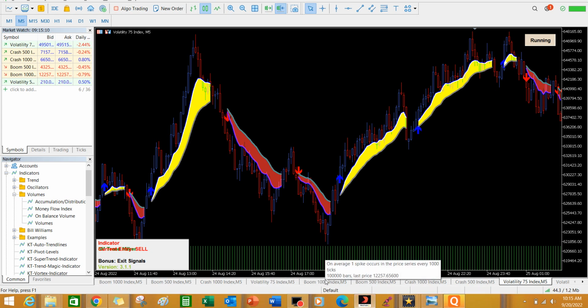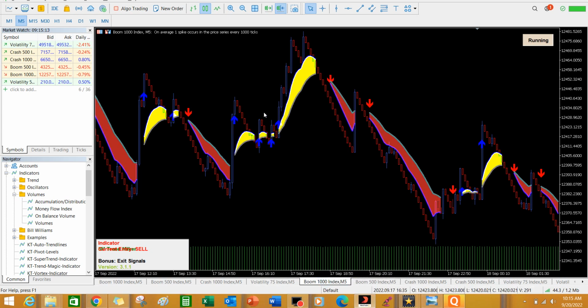One major problem we usually have is the spikes. In case you don't know what a spike is, you can see this is Boom 1000. Naturally, if you are trading boom, it goes down gently and you'll be in profit until you see a sudden spike happening right like this. It can just go up all of a sudden and claim the whole of the candles which you have created, most especially on the 1 minute time frame.